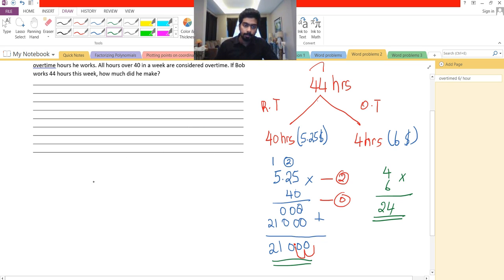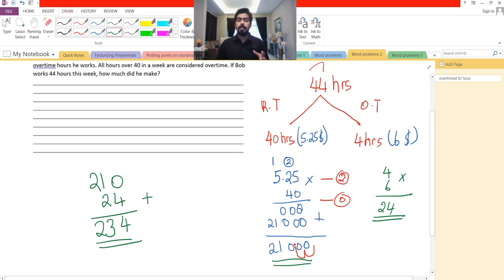So we take 210, which he made from the regular time, and add it with how much he made in OT, which is 24. So 4 plus 0, 4. 2 plus 1, 3. 2 plus nothing, 2. So how much did he make? He made a total of $234.